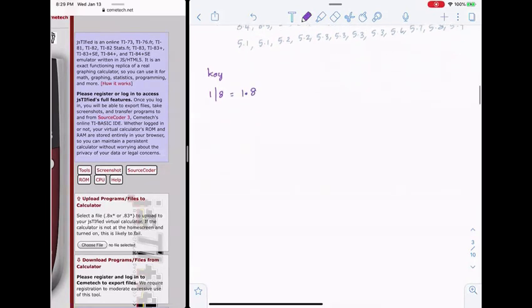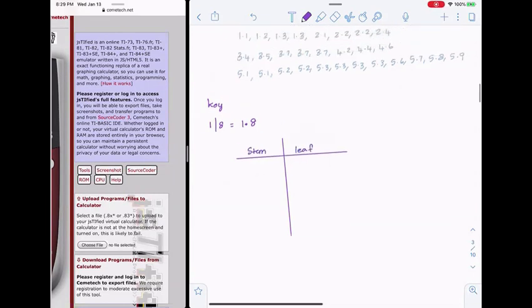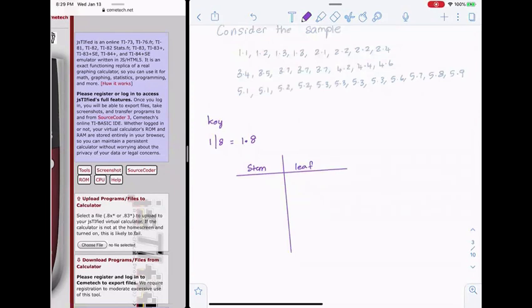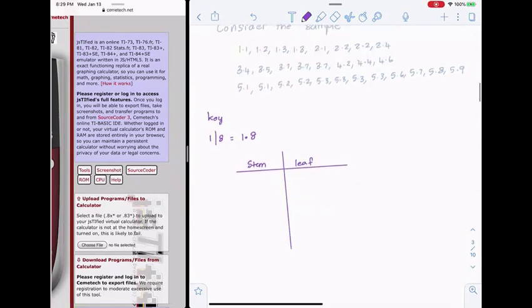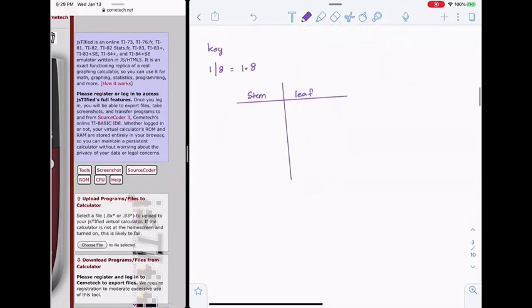So I would have a stem part and a leaf part. And we have 1.1, 2.1, we go all the way up to 5.